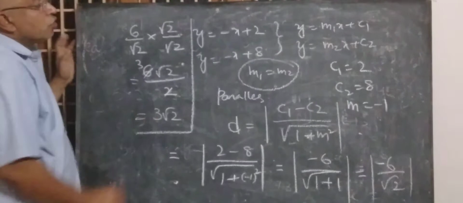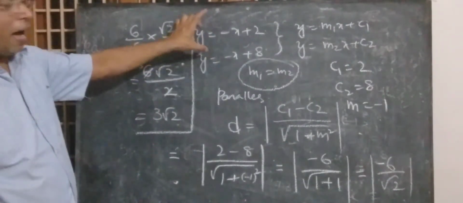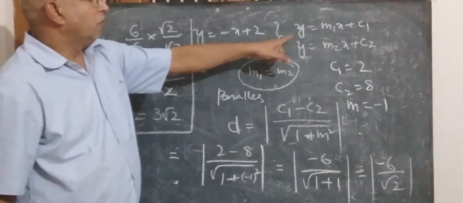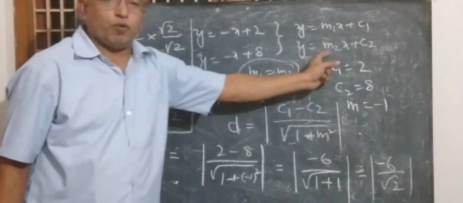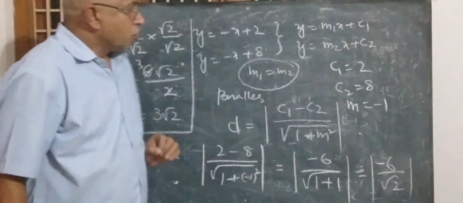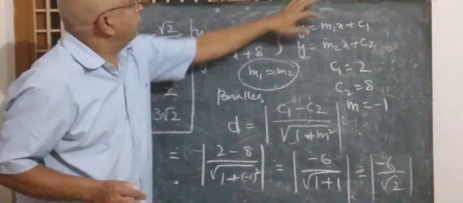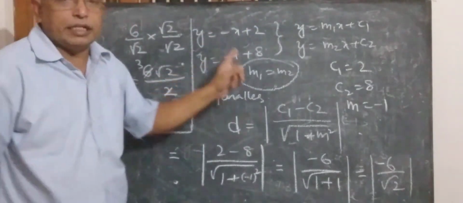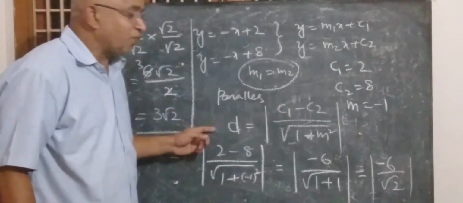3 root 2. So this is the distance between two parallel lines in the form y is equal to m1x plus c1, y is equal to m2x plus c2. We can observe that when the values of m are both equal, then the two lines are parallel. So what is the distance between parallel lines formula?